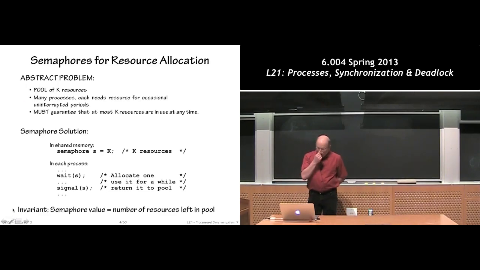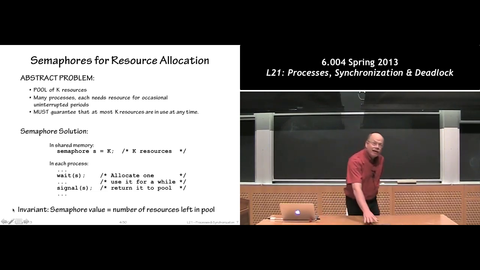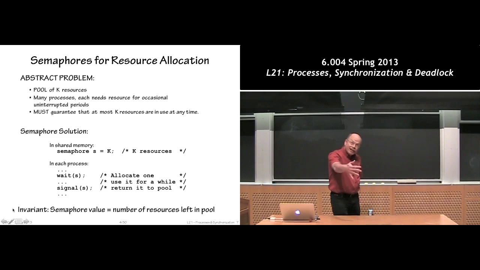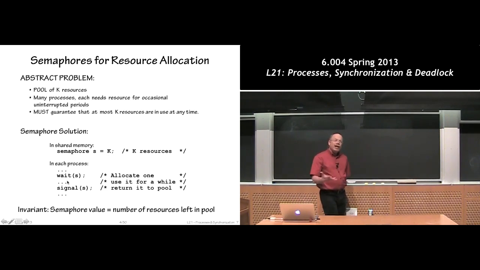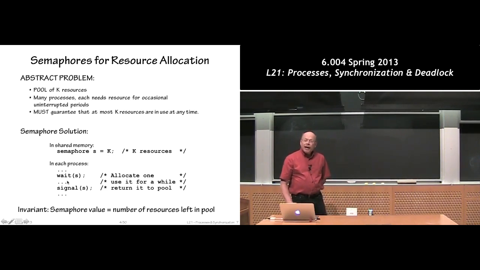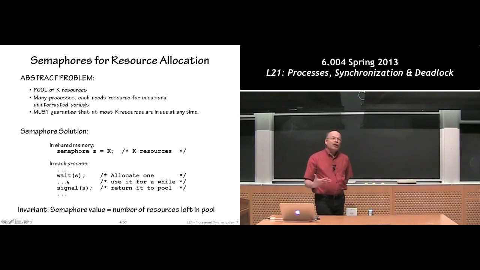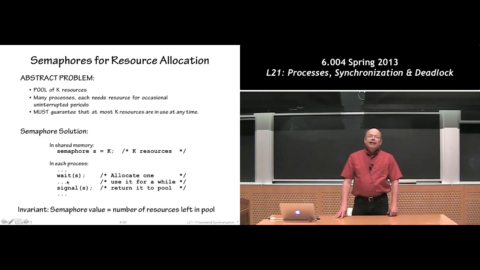Okay. So we have a pool of k resources. In the case of our n character buffer, we have a pool of n resources, which are the spaces in the buffer. So in shared memory you have the semaphore, and then in each process, if you want to use one of those k resources, you can go ahead and wait on it, and if there's one of them available, in other words, if the semaphore is greater than 0, you can decrement it, which means that you grabbed one of the k resources.